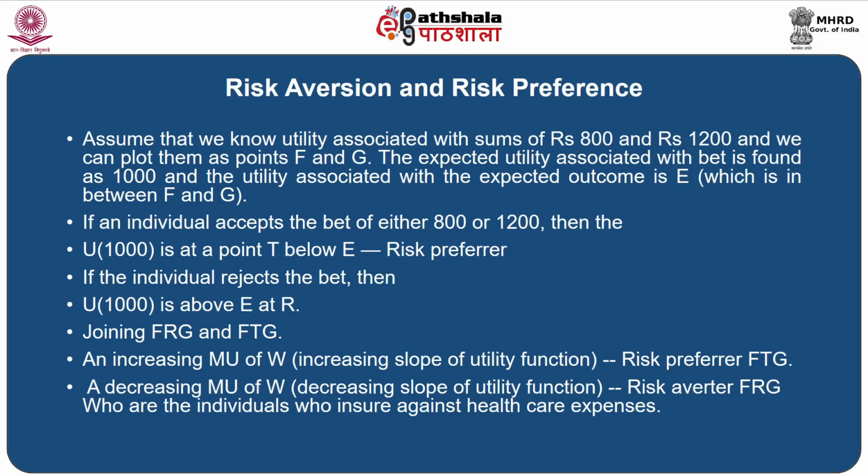If the individual rejects the bet, then U of 1000 is above E at point R, joining F or G and FTG. An increasing marginal utility of wealth, increasing slope of utility function, risk preferer FDG; decreasing marginal utility of W, decreasing slope of utility function.